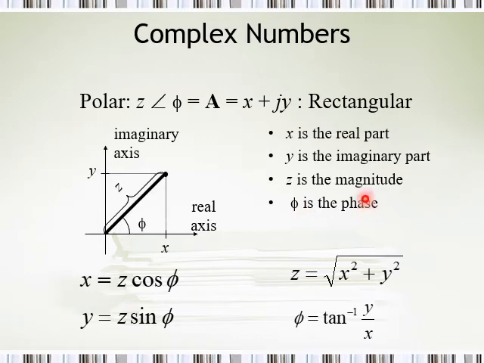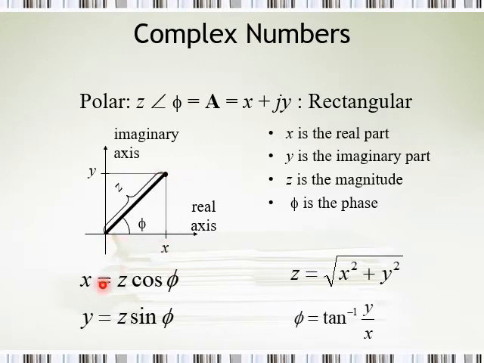So in polar, we represent the number in terms of magnitude and phase, whereas in rectangular we represent it in terms of X and Y. However, it is representing the same point. In this example, it represents this point. What is the X value?